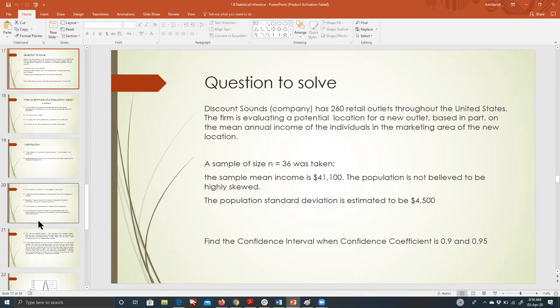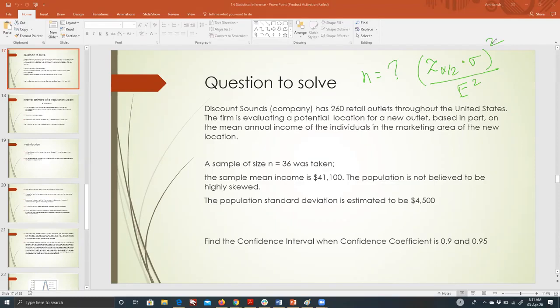How will you find the n? Value of n is... everything is squared here. 226. 226.